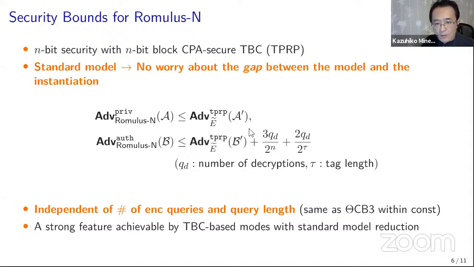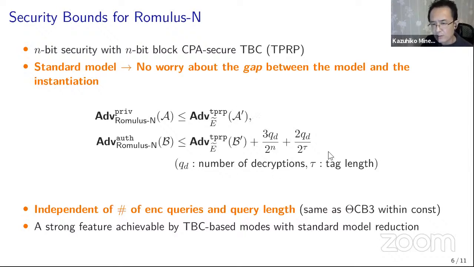So the privacy bound is at most the computational security of the TBC itself. And the authenticity bound is computational security plus this small term, which is independent of the number of encryption queries and query length. The bound is effectively the same as ThetaCB3 within a constant.